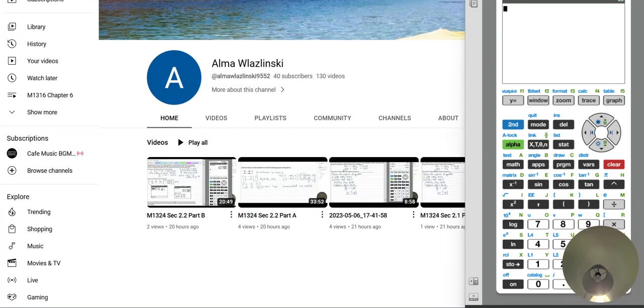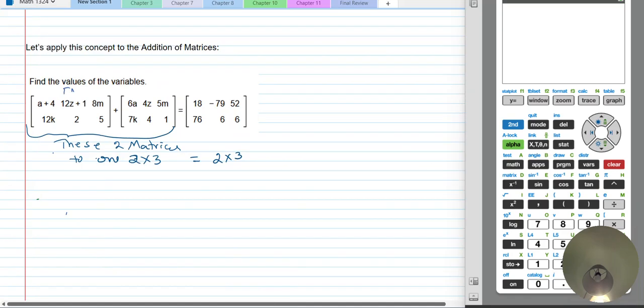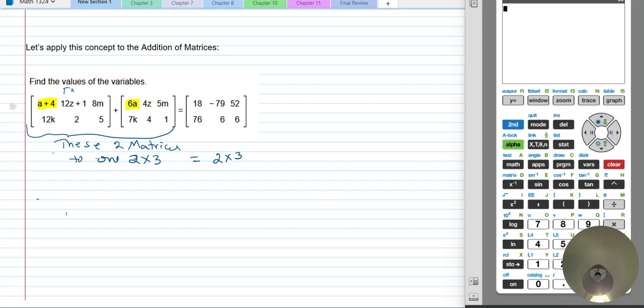And we notice that a plus 4 and 6a must be combined for that first step. So our new number for the row 1, column 1, is going to be 7a plus 4. Now we're going to do the second term. Our second term is 12z plus 1, and 4z.